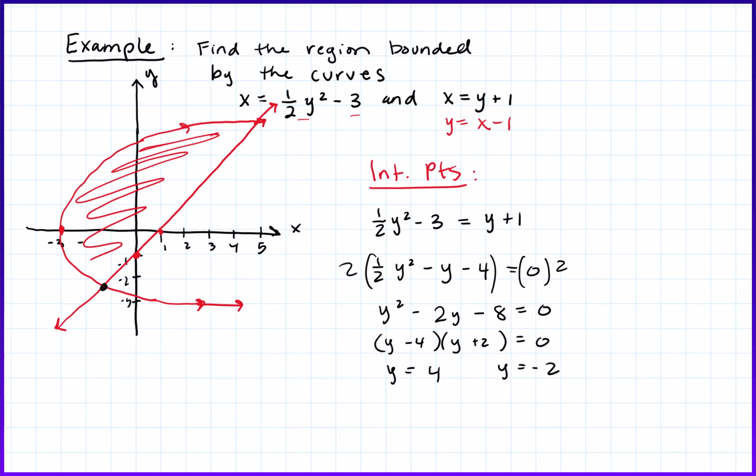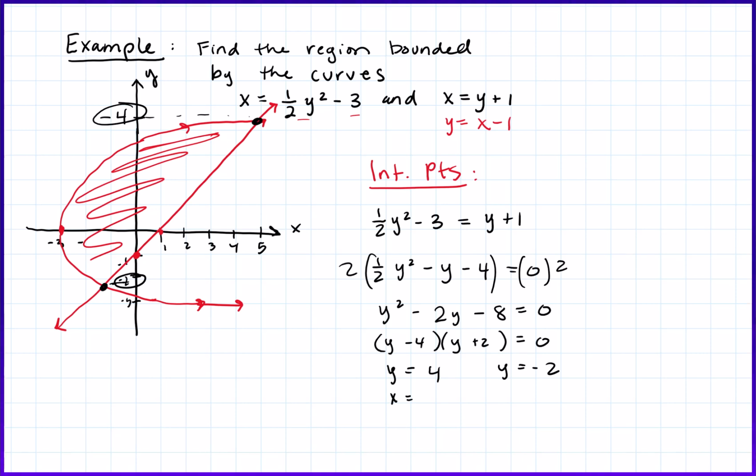So those are my bounds on the y-axis. Again, my scale might not be right here, because I was just eyeballing, but I can get a generalization. So this should be -2 right here. My scale might not be perfect, but we get a good idea. We can find the x values really quickly too by plugging those back in, if we want them as actual ordered pairs.